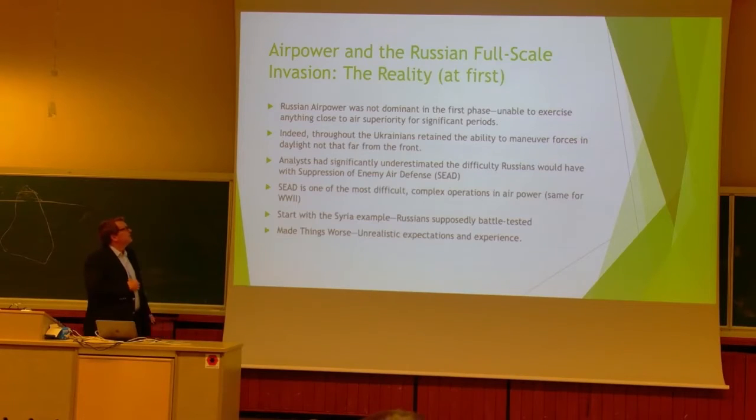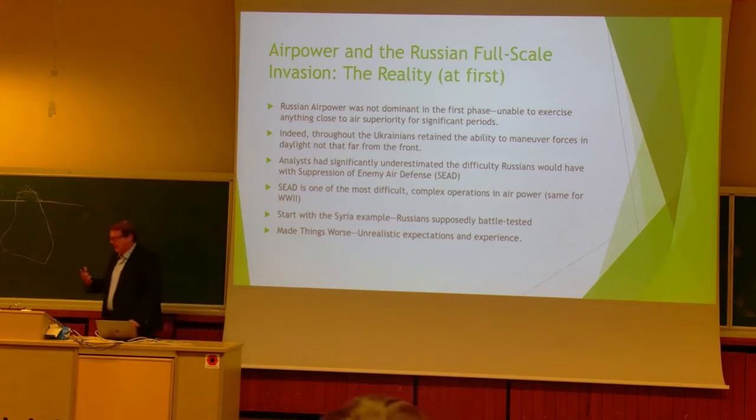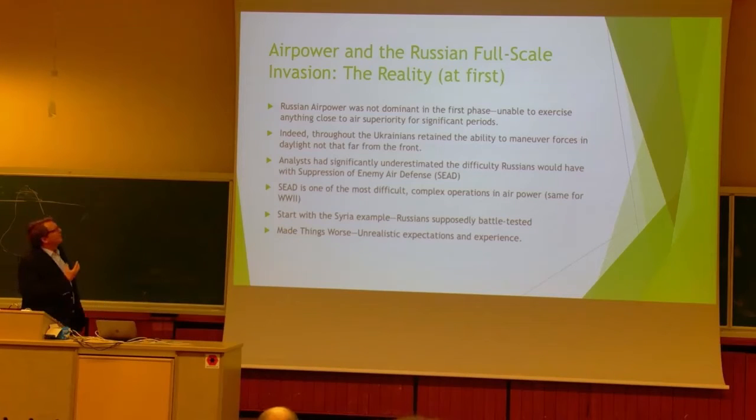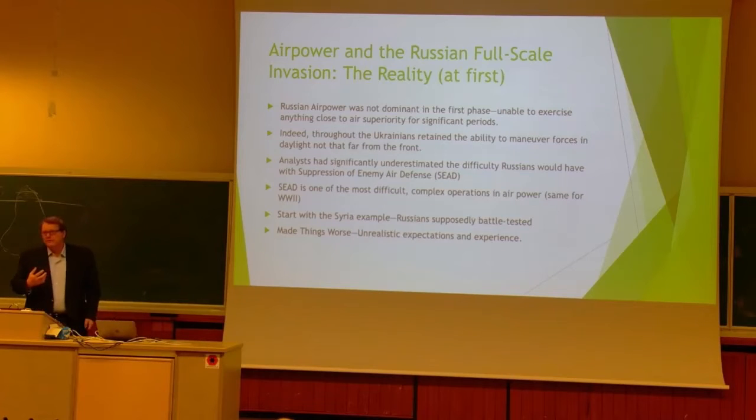Well, the reality, of course, was very, very different in how air power functioned in the war. One, it was not nearly as dominant as people expected. It wasn't nearly as accurate. I think that's incredibly important. They had overstated the accuracy of Russian systems.